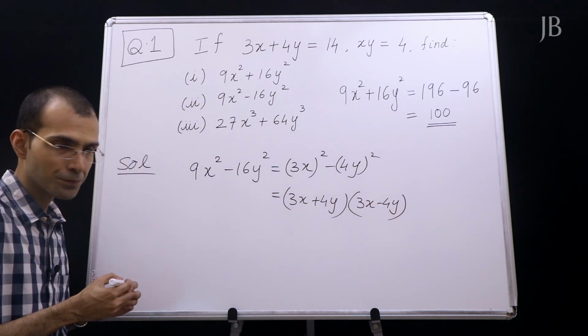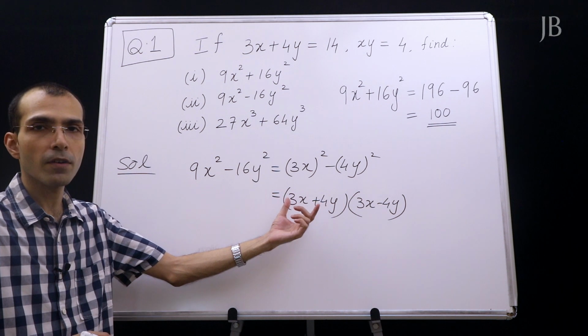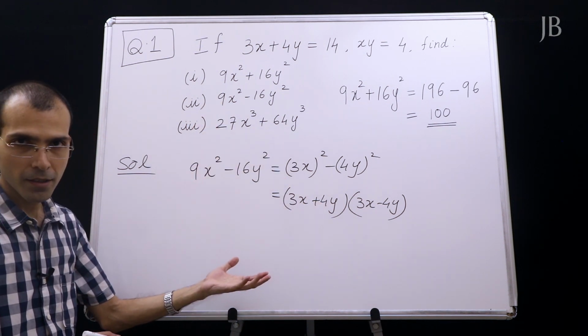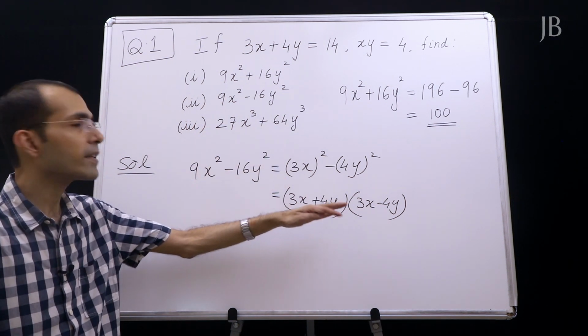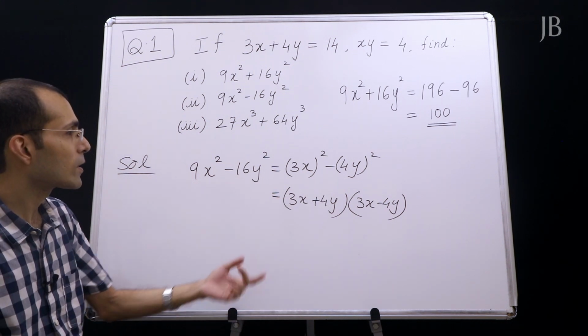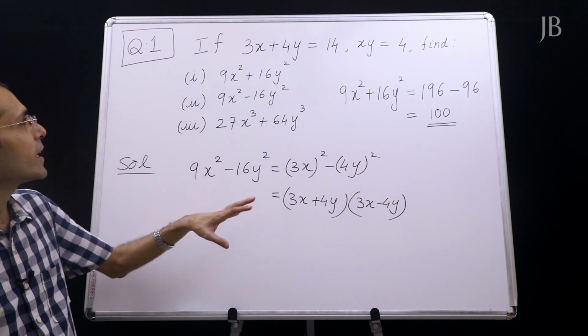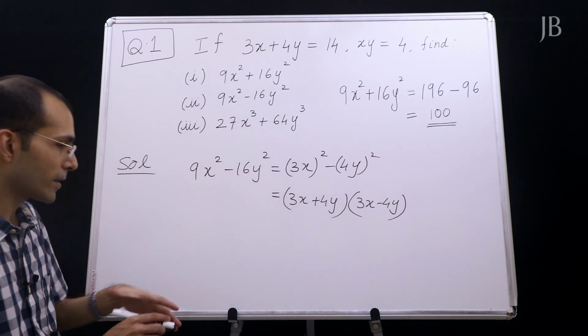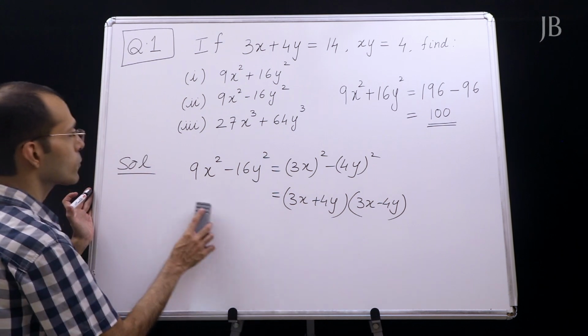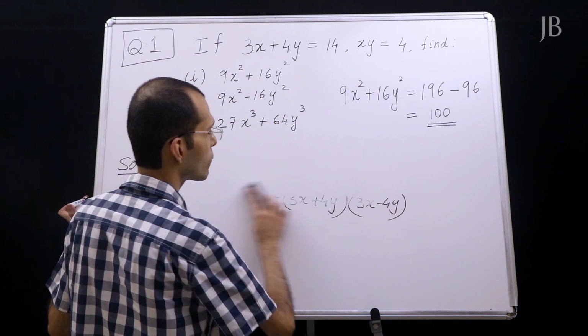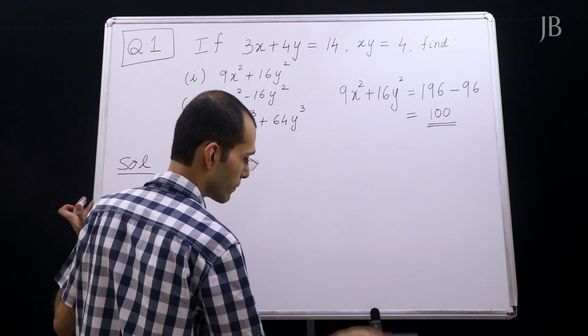Okay? Now 3x plus 4y we already have. 3x minus 4y is something which we don't have. So only when we are able to find 3x minus 4y will we be able to tackle this part. So our first efforts should be in the direction of finding 3x minus 4y.